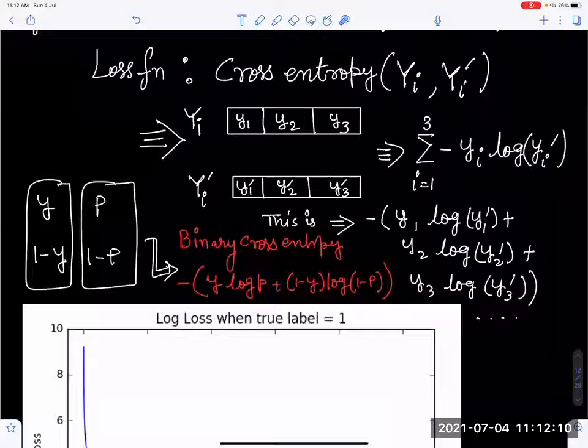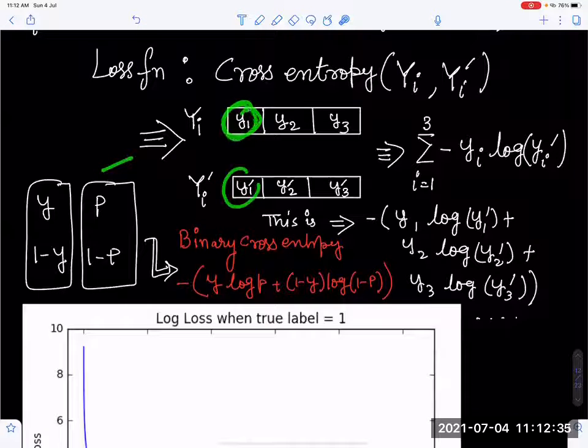And what you are going to do as a cross entropy, the formula says, I will take this value, take the log of this value, multiply both of them, and have a minus sign and add. So it's going to be minus of y1 log y1 dash, plus minus of y2 log y2 dash, minus of y3 log of y3 dash.